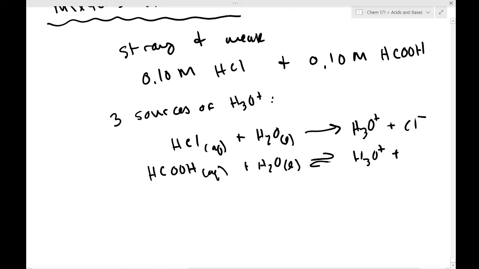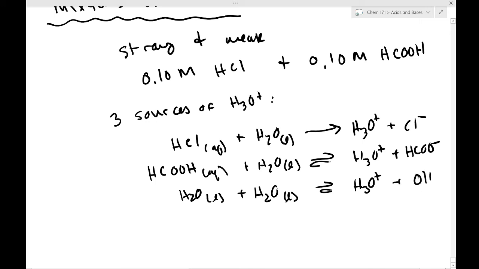I should write this differently. It's actually HCOO-. Same formula, it just denotes that the H is actually coming off of the other side of the molecule. And then, of course, we have the autoionization, which is H2O plus H2O going to H3O+ and OH-.